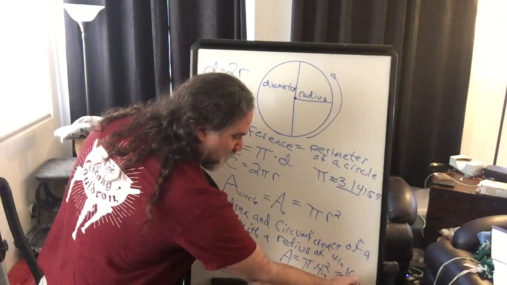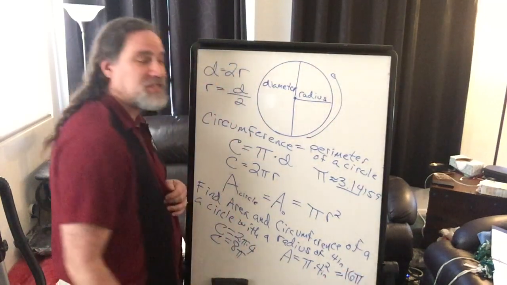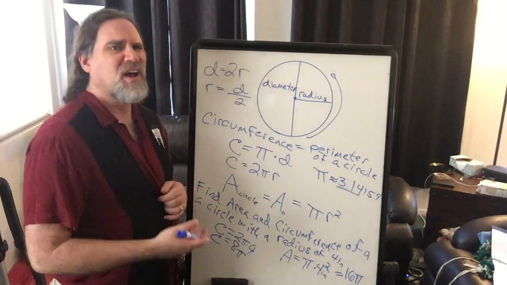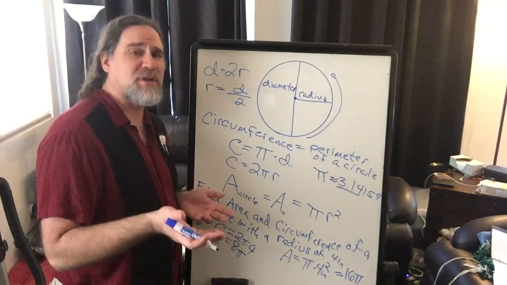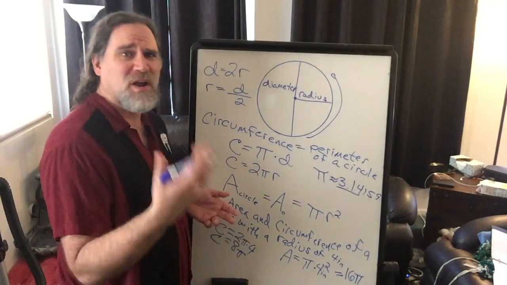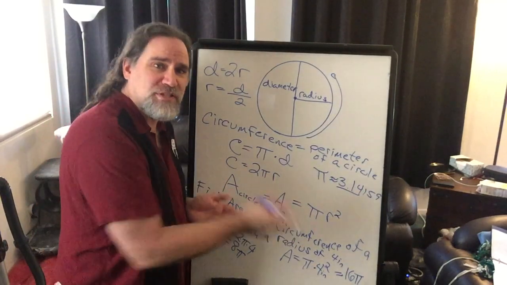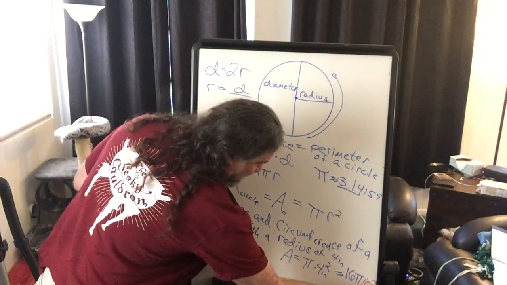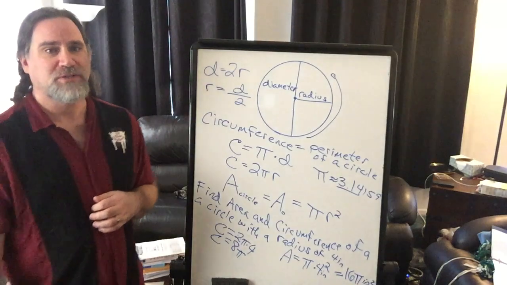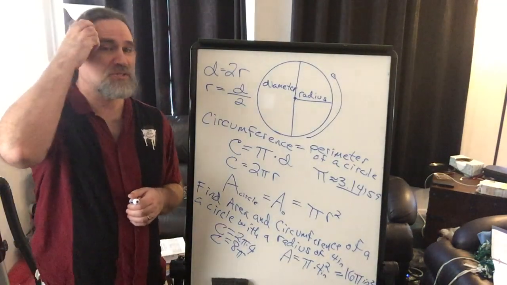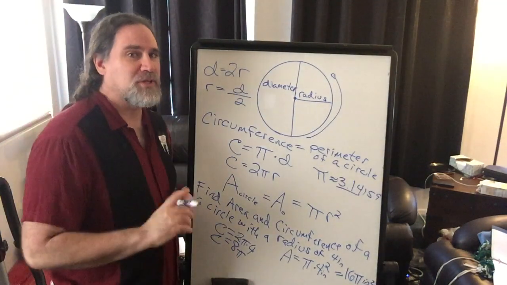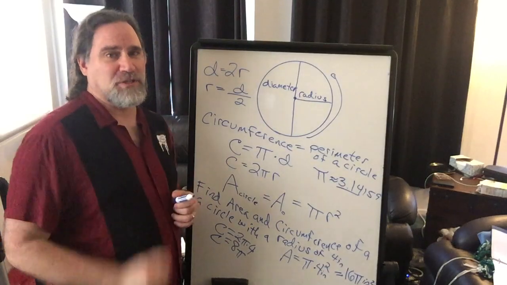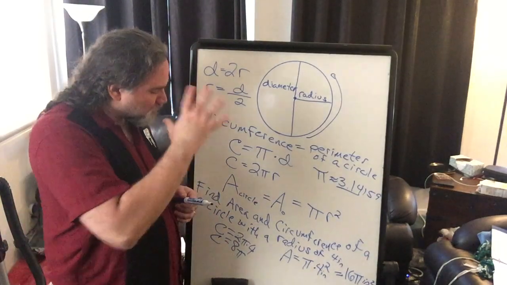Then I would put this symbol pi, because it's 16 times 3.14. I don't really want to sit around and multiply and get 50.24. This is a better answer. And then at the end, you'd put the units, inches, and just like I said, they're always going to be to the second power, because area is always going to be in square units, even though we're dealing with a circle.